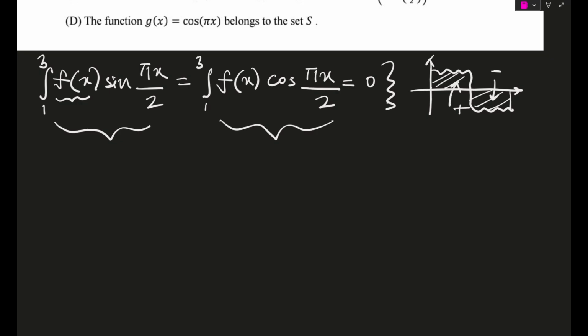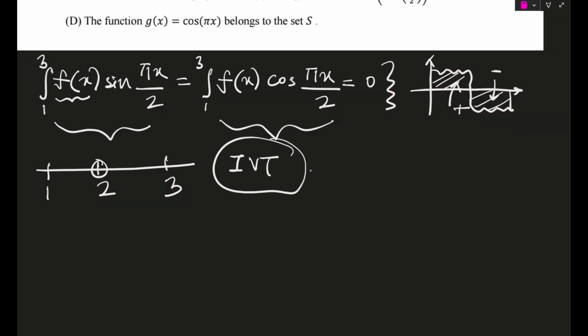If I divide the number line into two intervals, say 1, 2 and 3, and put 2 into the first function, sine pi is obviously 0, so this will be a root. Secondly, if you put 2 here, then cos pi is, I guess, -1, so this becomes the integral of f of x equal to 0.